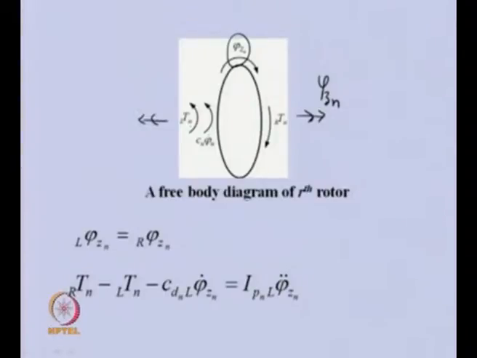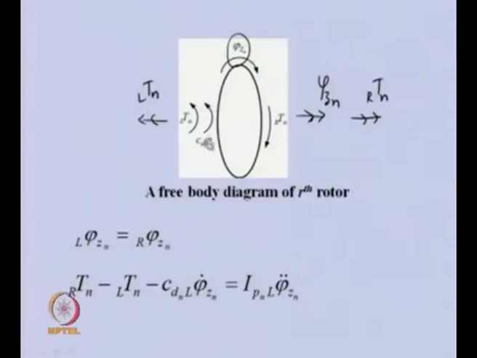This particular reaction is from the left hand side of the disc, and there is another one, this one I am representing as the right side of the nth disc.